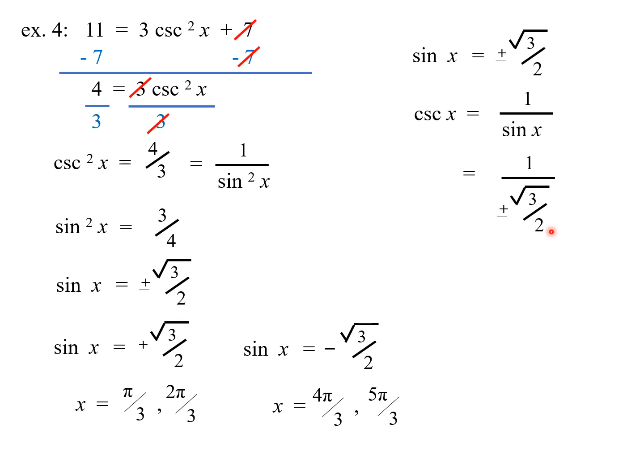And then I can take the denominator of the denominator and bring it back on top. So I get plus or minus 2 over root 3, which we don't want to leave a radical in the denominator, right? So we're going to multiply top and bottom by root 3. And the cosecant of x then becomes plus or minus 2 root 3 over 3. And this is what we're going to use in our expression to check.